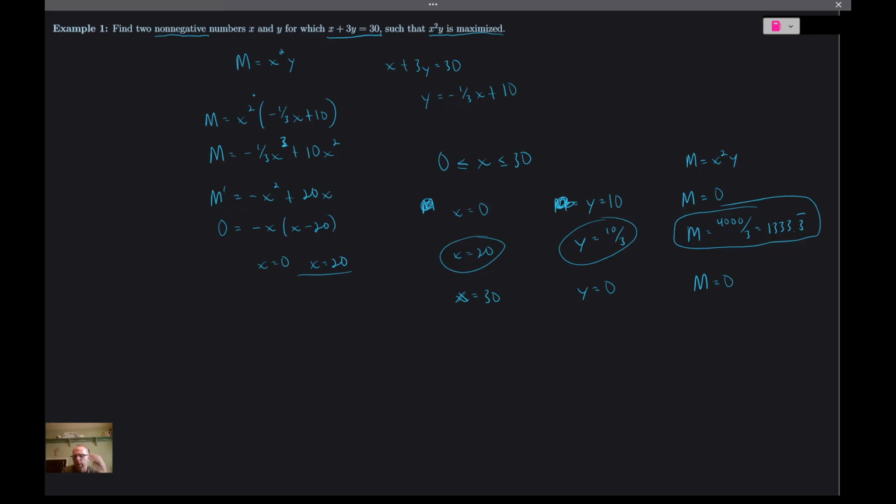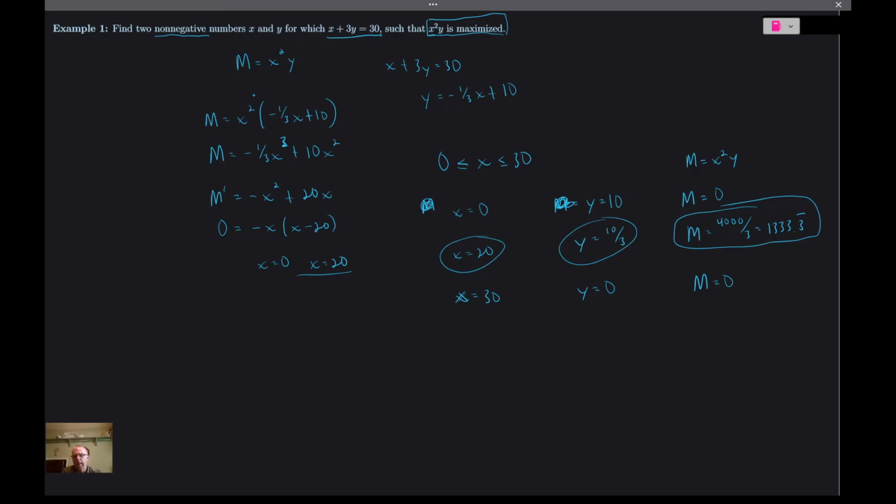So we're just doing the same things we did in the last section. The main point with these is getting these equations set up, and the one that you want to maximize or minimize is going to be the one that you take the derivative of. Before you can take the derivative, you need to get it as a function in one variable.